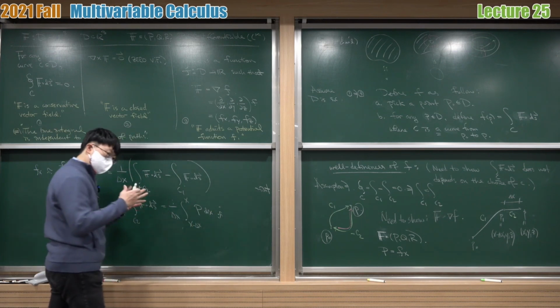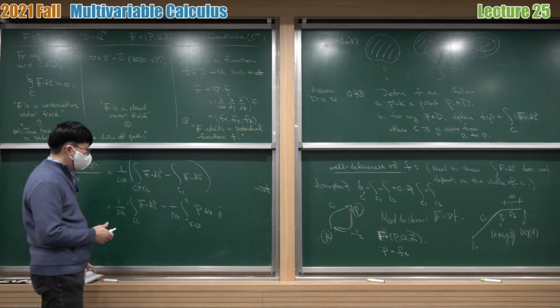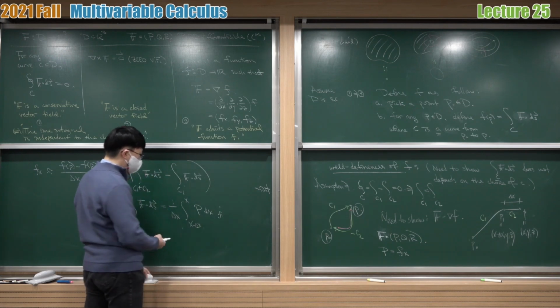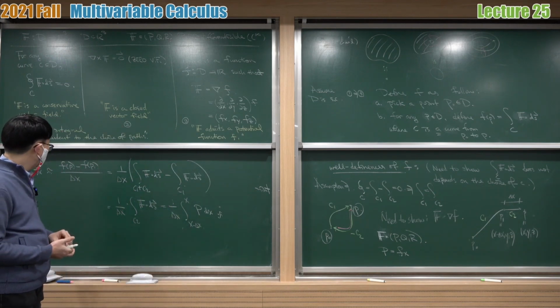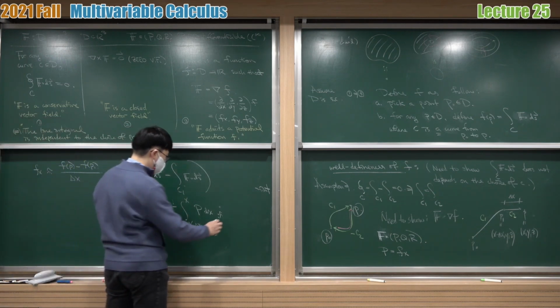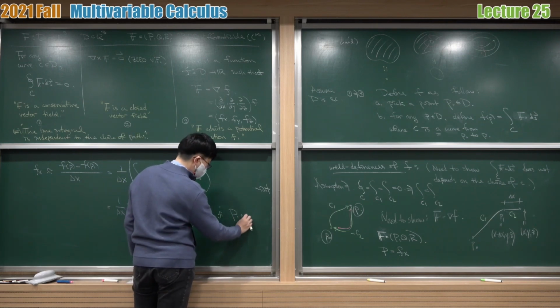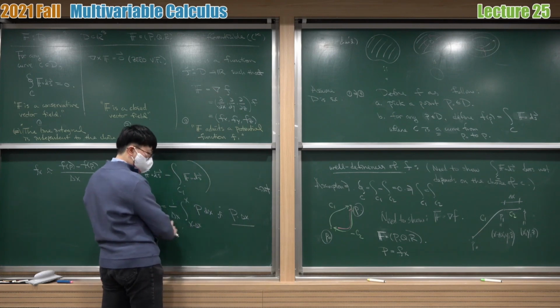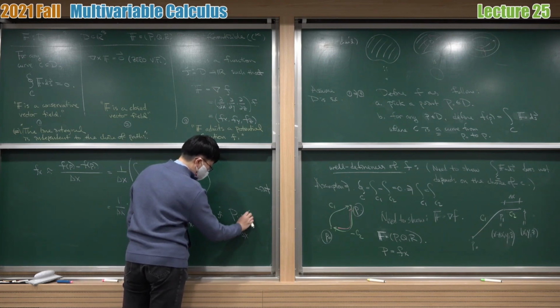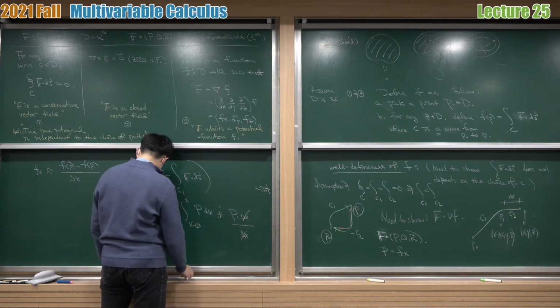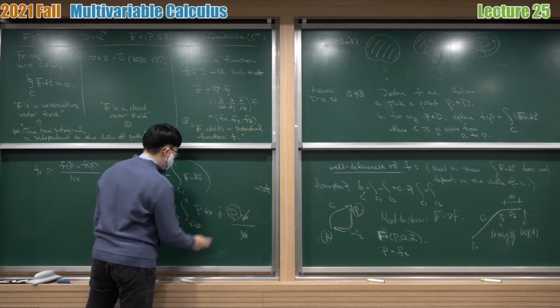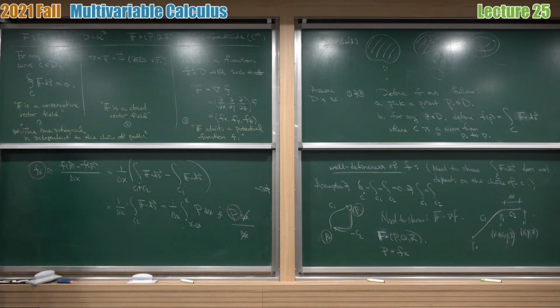If delta x is very small, then we can assume that P is almost constant. So you get P times delta x divided by delta x, and they cancel out. We are left with P, and that was fx.